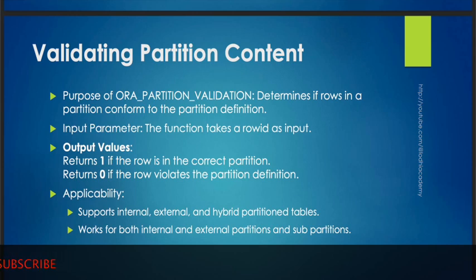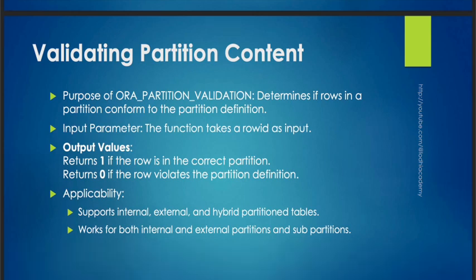The SQL function takes a row ID as input and returns 1 if the row is in the correct partition and 0 otherwise. The function is applicable for internal, external, and hybrid partitioned tables, for both internal and external partitions and subpartitions.